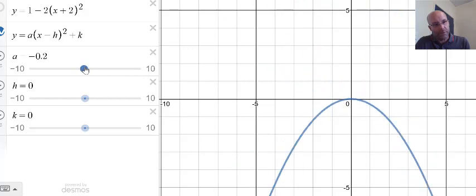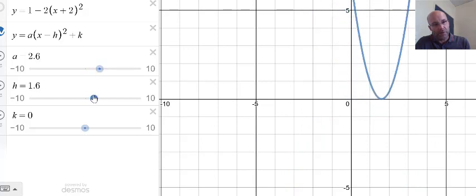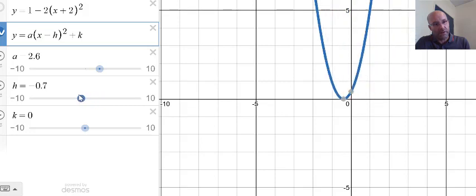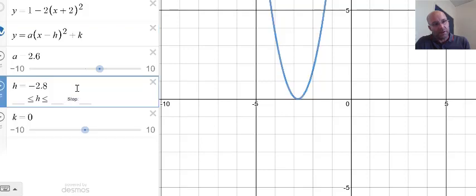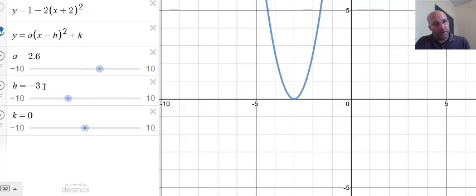We've also seen that h, if we set it up in the minus h form, as we increase h, it'll move to the right, and translate to the left if it's less than 0. As you can see there, it's set at h equals negative 3 at the moment.